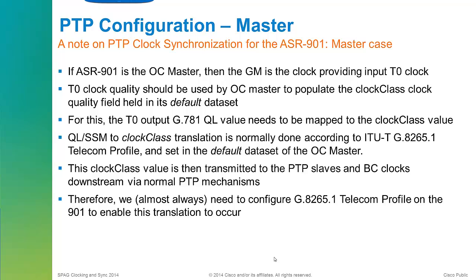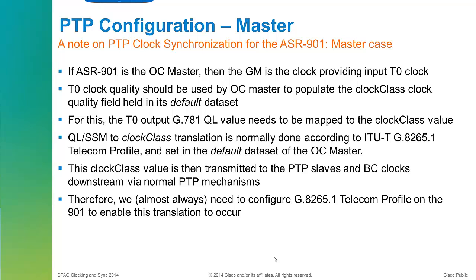So the system takes frequency and time inputs, and we've seen before how you define those inputs, and it will go through the NetSync process, G.781, and say, okay, my T0 frequency is coming from, say, SyncE, or from my BITS port. That information will be used by the master to populate these data fields, which I showed in the default data set, particularly the clock class field.